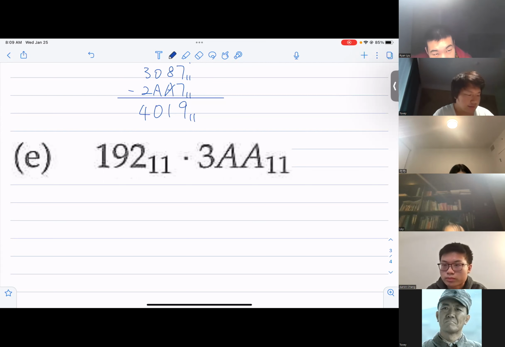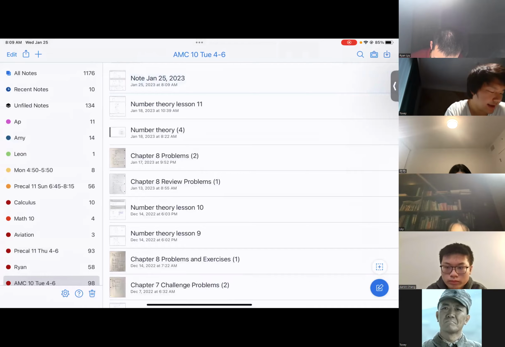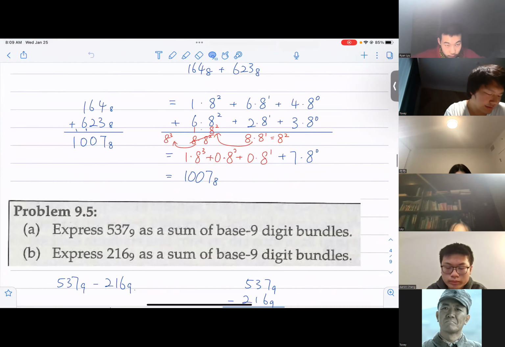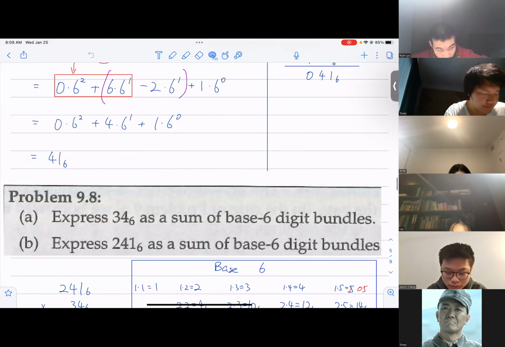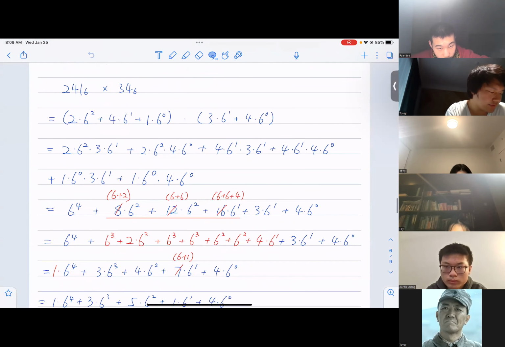Okay, let's maybe go over the ways to do multiplications. There were two ways, remember? One way is to use the digit bundles, but in the last lesson we showed this and it was obviously very difficult, right? For example, like this 241 times 31.